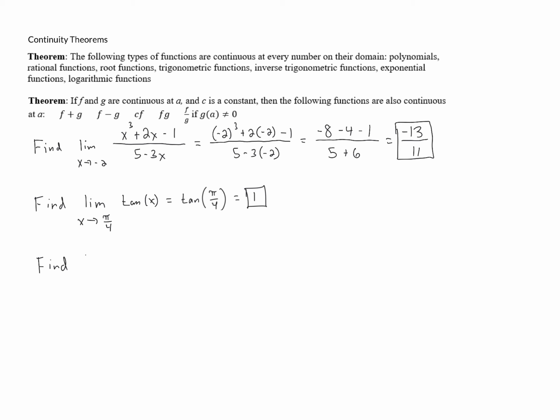Let's take a look at another one. Let's find the limit as x approaches pi of sine of x over 2 plus cosine of x. Now, this is not a single trigonometric function, but it is made up of a combination of trigonometric functions and a constant function, which is an example of a polynomial, a very boring example, but an example nevertheless.